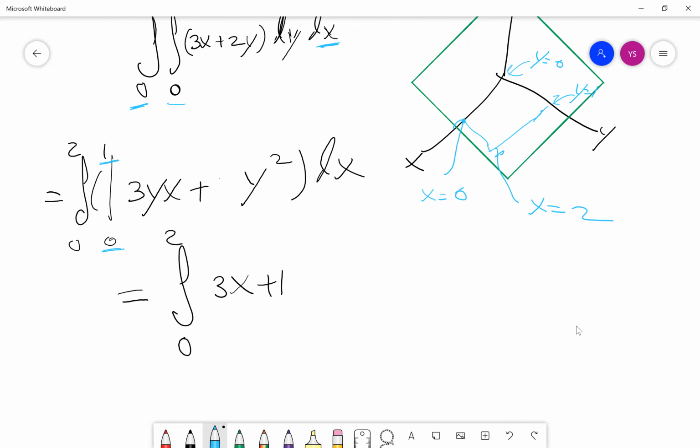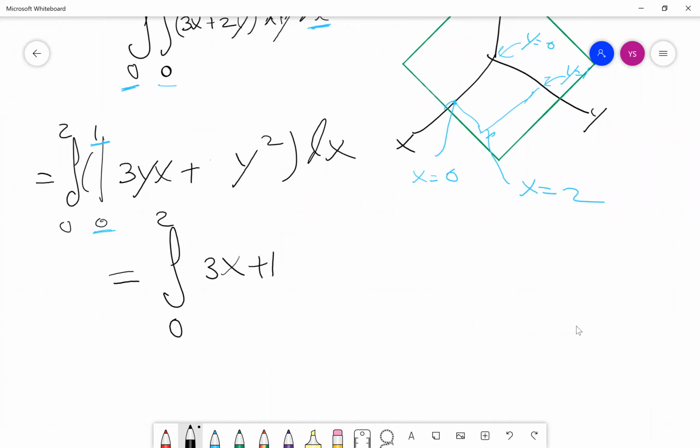Then you need to subtract this part, but that's minus 0, right? Because you just plug in 0 into your y's and you get 0. So we get this times dx. Any questions so far? Yes, you have to plug in the value before you do the second one, into your y coordinates in this case.